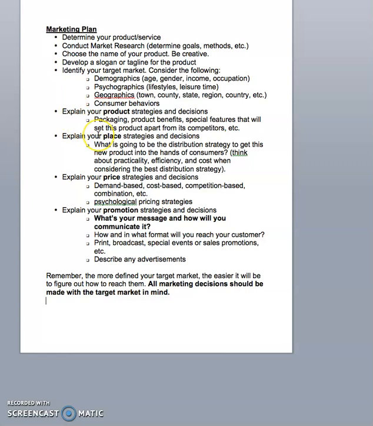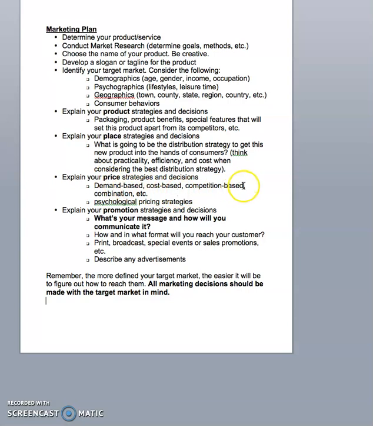Then we look at place strategy, which is really your distribution strategy. How are you going to get your products into the hands of your consumers? Think about it. What's the most efficient way? What's the most effective way? What is the best way to distribute your product or service from point A to point B? You should be able to explain your pricing strategies.